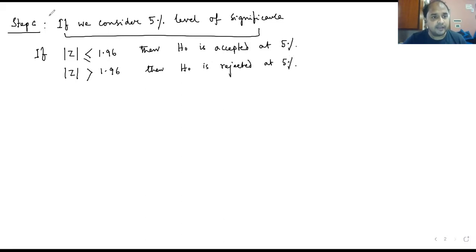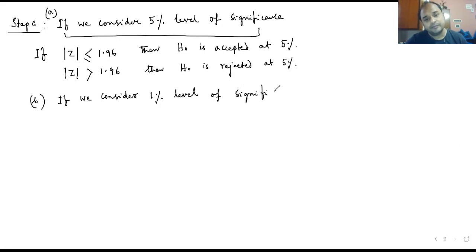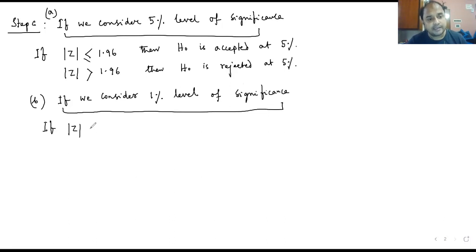Step number C, A. Step number C, B. If we consider 1% level of significance, then if mod Z is less than or equal to 2.58, then H0 is accepted at 1% level.